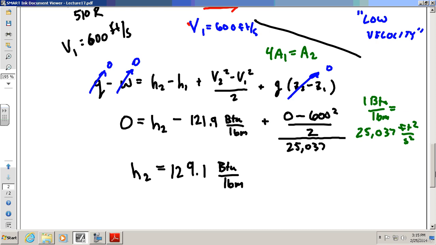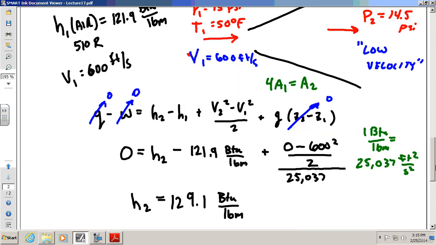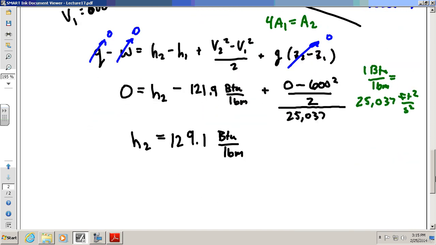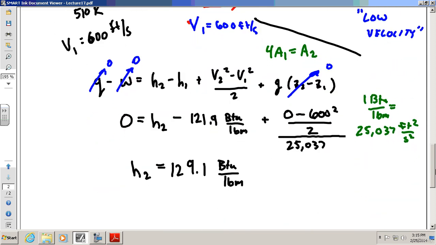So if you have that as your H2, how do you figure out your exit temperature? What else do you know about the exit? Do you know anything else about the exit? Pressure. Pressure is 14.5 psi, right?